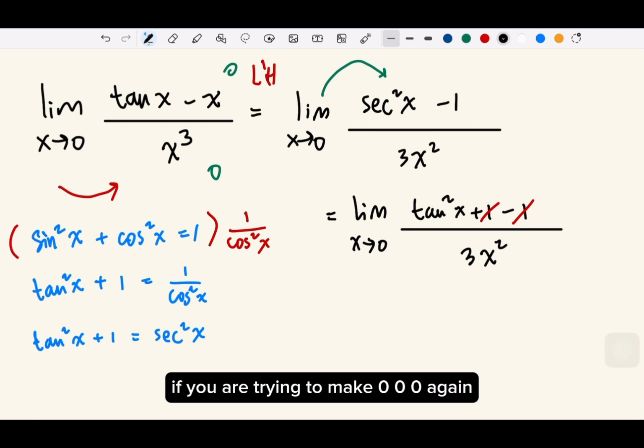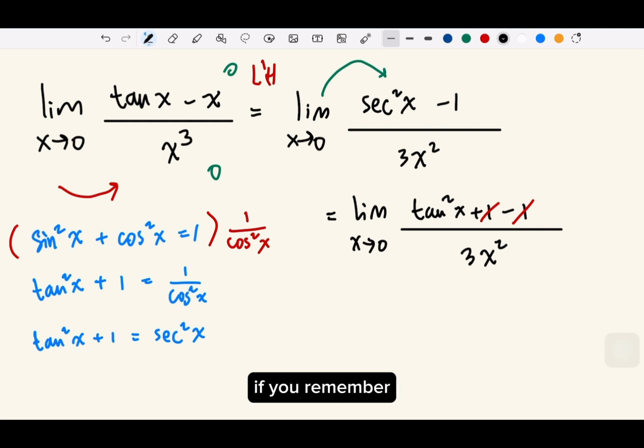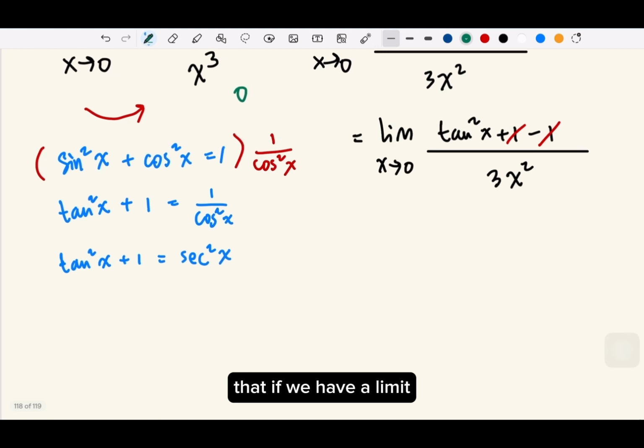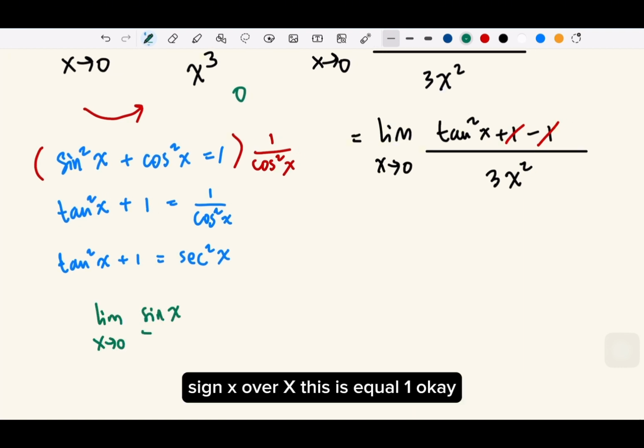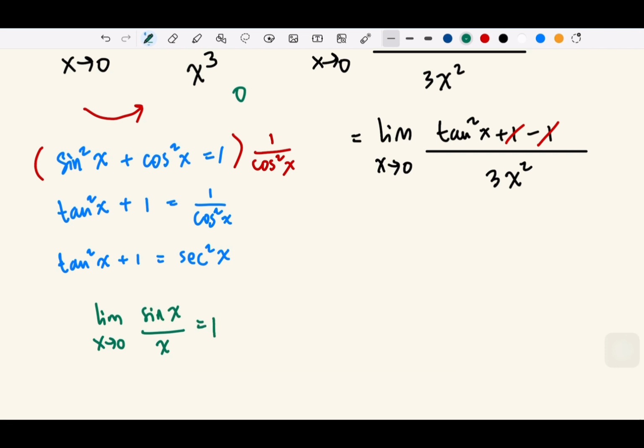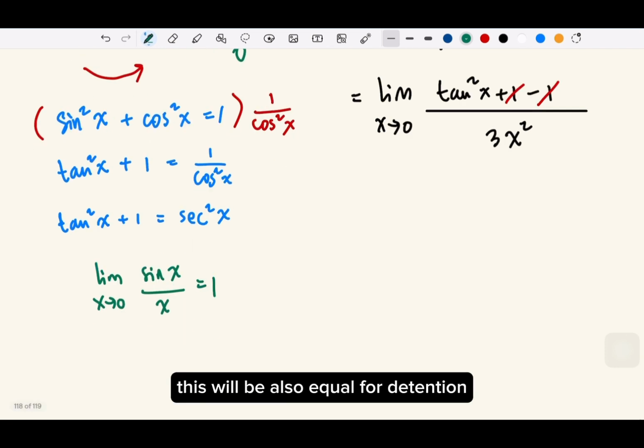If you try to take 0, it's 0 over 0 again. But we actually have some identity in limits. If you remember that the limit of sine x over x is equal to 1. Okay. This will also be equal for the tangent.